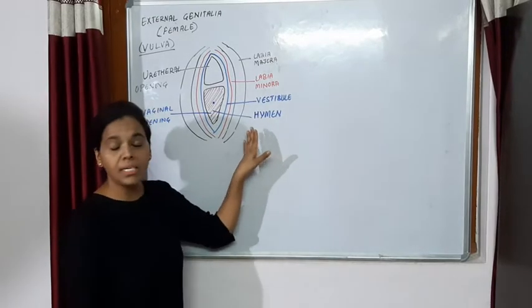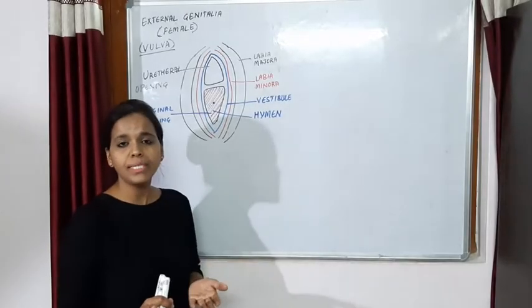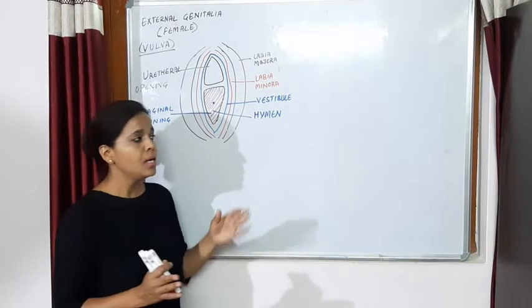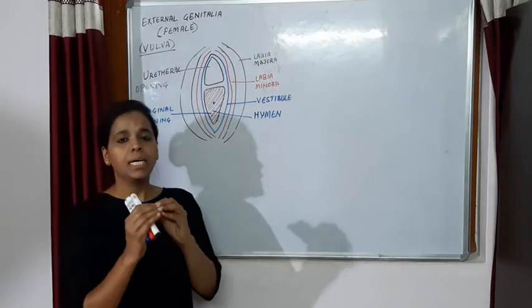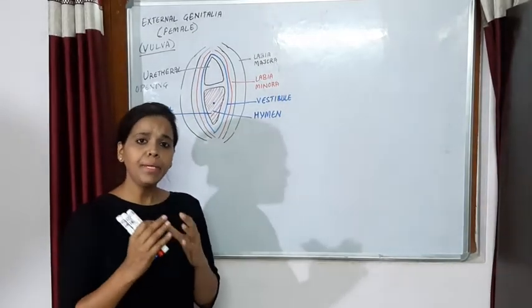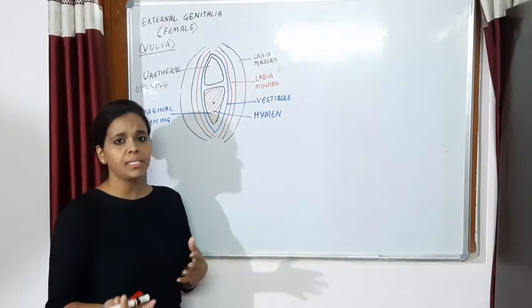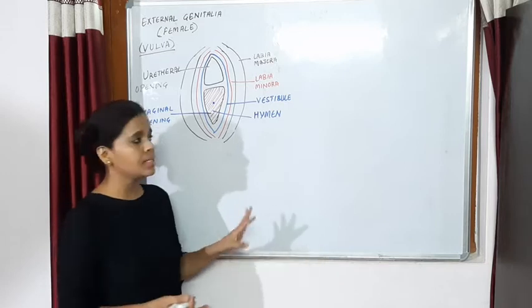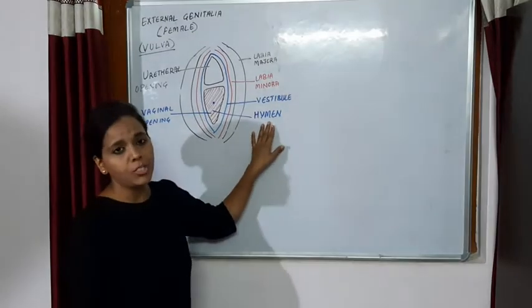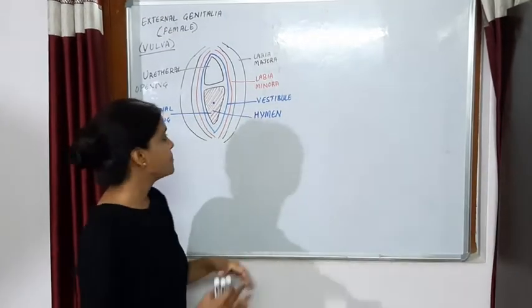The hymen has nothing to do with the virginity of a female, because this is a thin membrane and it can be distorted or broken during any day-to-day activities, during running or any other activities. So this is not an indication of the virginity of a female.